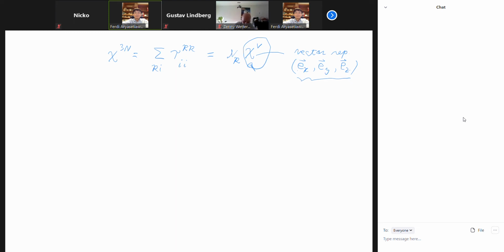So that is why we have just NR, the number of atoms which are not moved, times the character of the vector representation. So the vector representation just means that there is a representation based on these Cartesian coordinates ex, ey, and ez. Yeah. So it's not difficult to calculate this trace or character of the big representation.